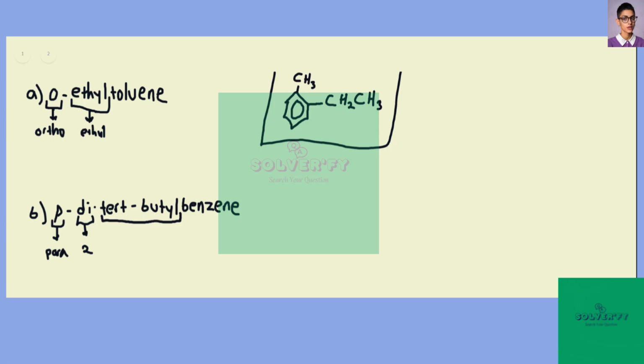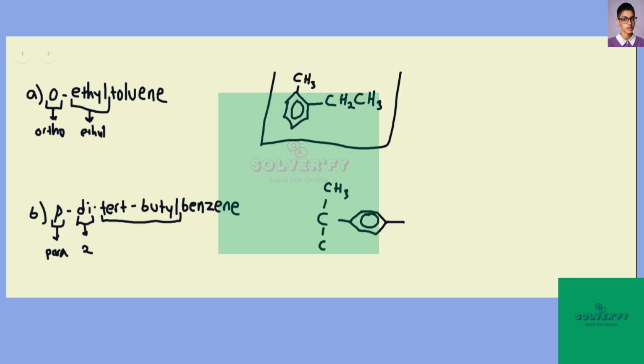So I'll start out with my benzene ring. And because this is para, I'm going to put my tert-butyl groups on opposite sides, and there are two of them.